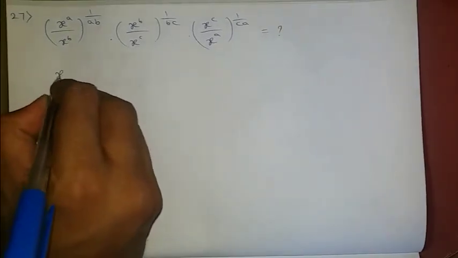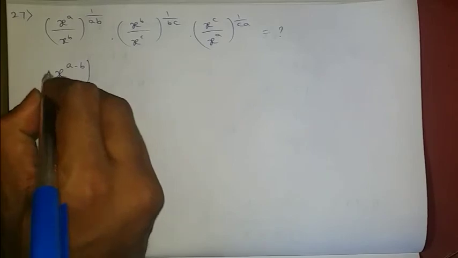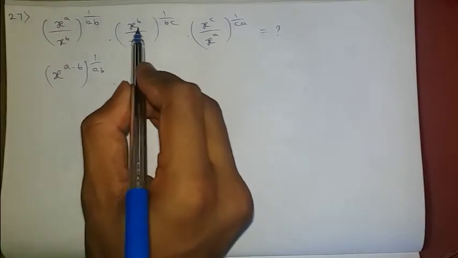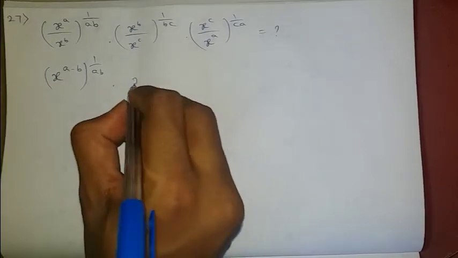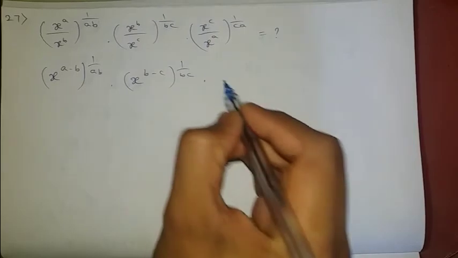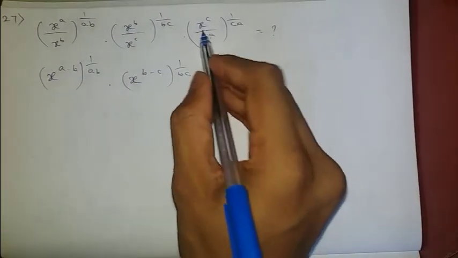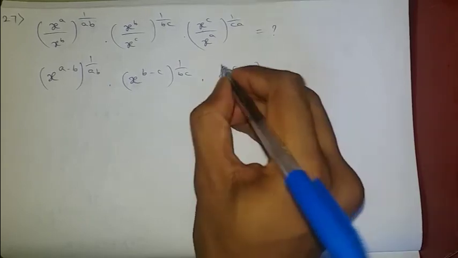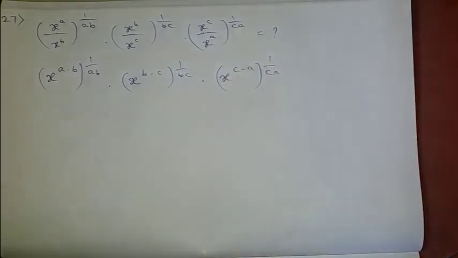So we will get (x^(a−b))^(1/ab) × (x^b / x^c can be written as x^(b−c))^(1/bc) × (x^c divided by x^a can be written as x^(c−a))^(1/ca).